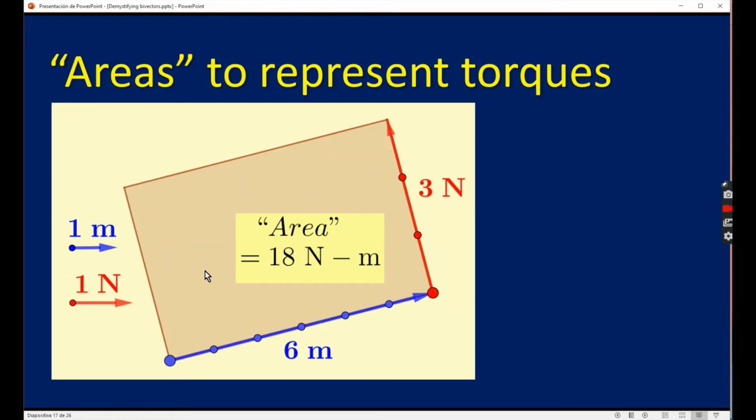And this area here would be, in this case, 6 times 3, 18 Newton meters. So what we're doing in effect, in this idea of using the area of the rectangle formed by the vector L and vector F to represent the torque, is using the plane that contains these two vectors as a whiteboard to do this little diagram.